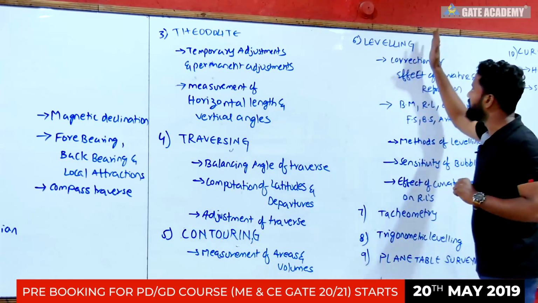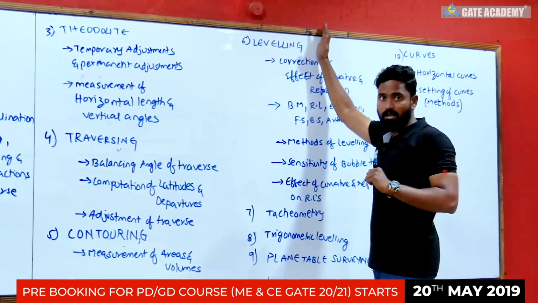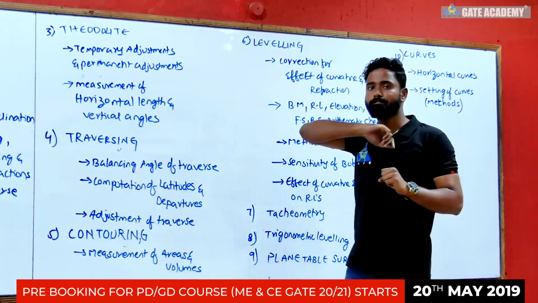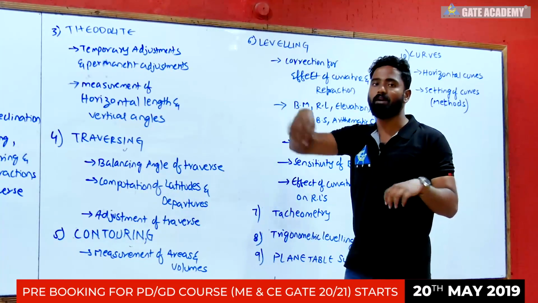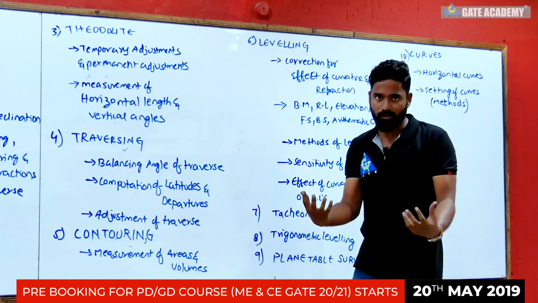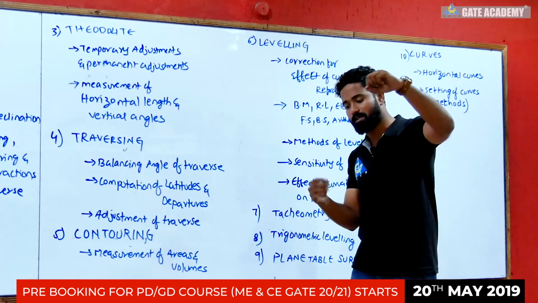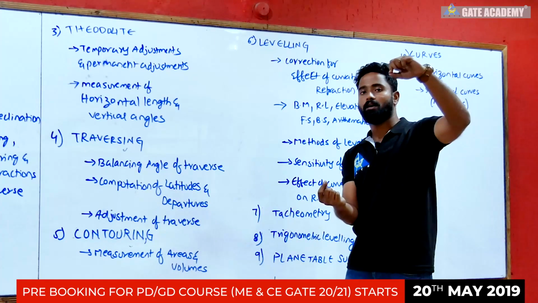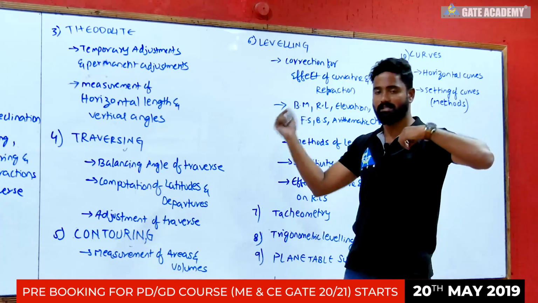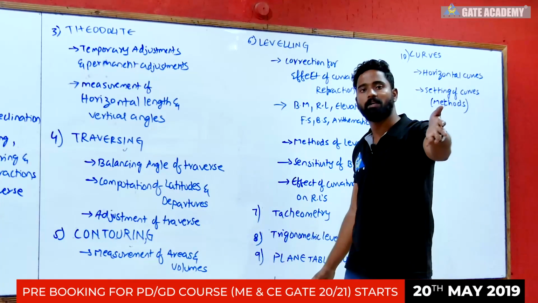Now, coming to leveling. Leveling is used to get the reduced level. What is reduced level? The reduced level of a point is the elevation of the point with respect to a benchmark. Benchmark can be taken as sea level, or a nearby benchmark can be taken.